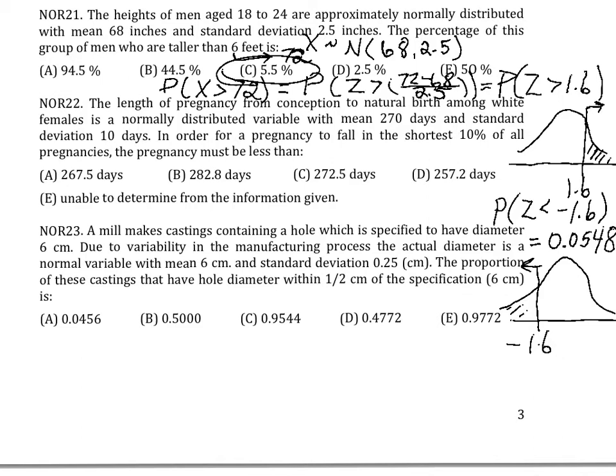Alternatively, we could have used this original drawing and found 1.6 on the positive table. 1.6 on the positive table gives you 0.9452. And then 1 minus that would give us the answer that we're looking for. It would give us 0.0548. So we would have the same answer.